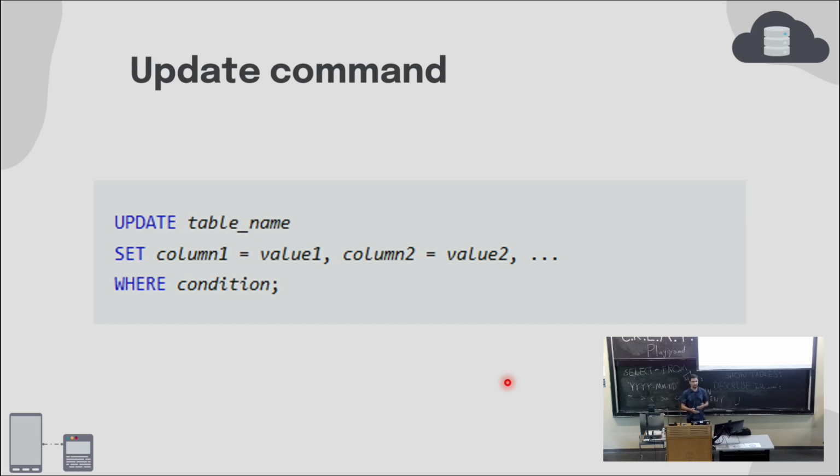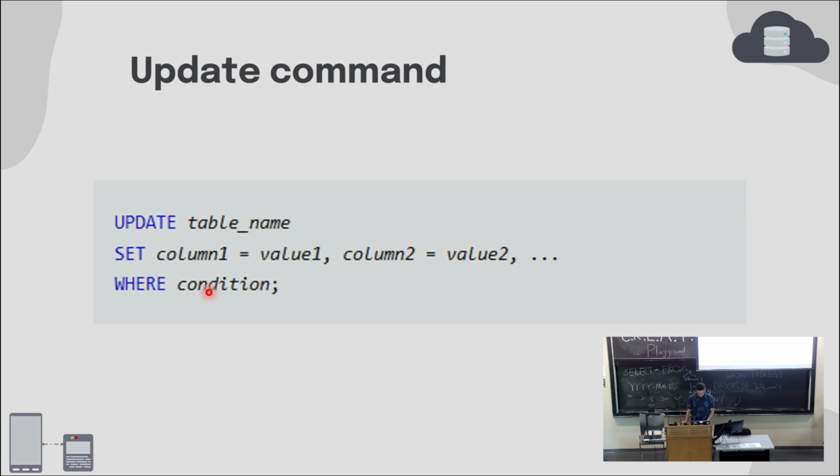Exactly like how in works in Python. But let's get back to update. Update works similar to insert, but this time you just say which columns you want to change and which values you want to give it. If you don't have the where clause here, it's going to update every record in that table. It's not going to have any conditions.